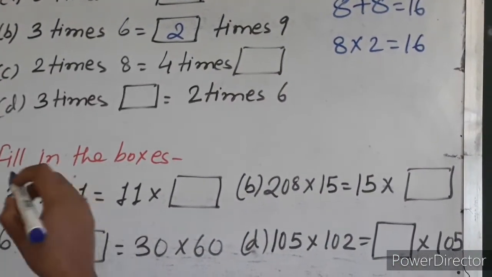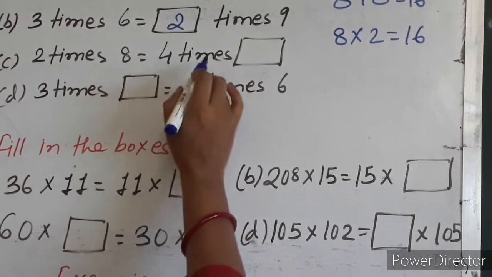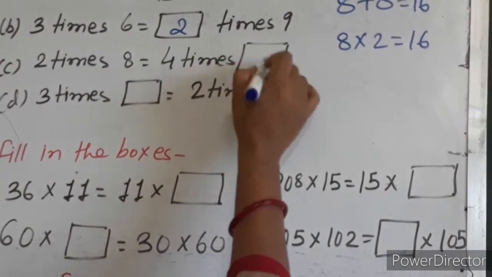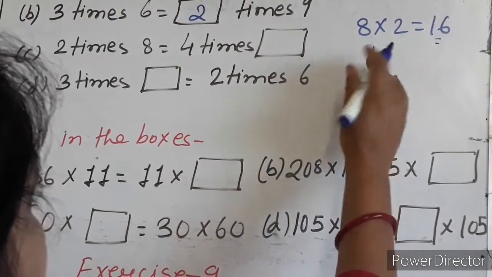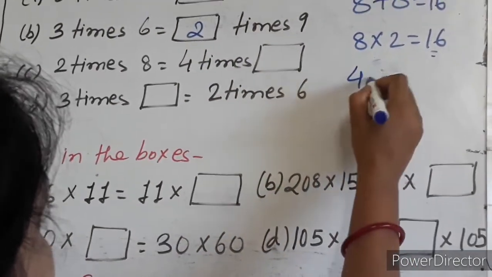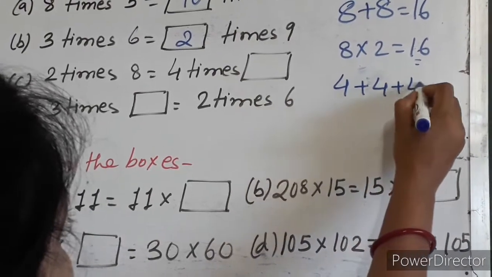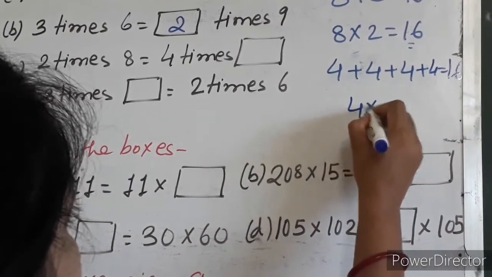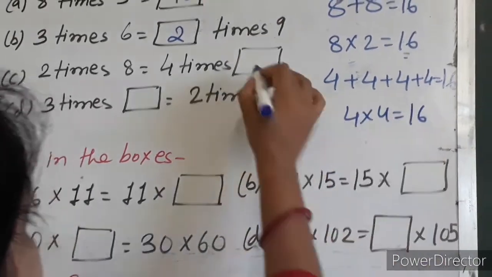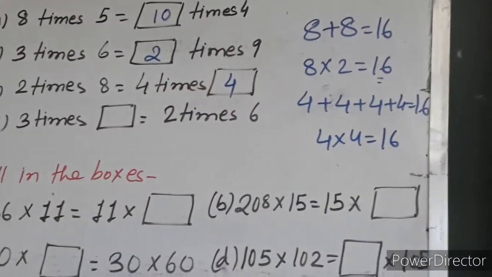That means here we have how many times? 4 times. Which number will we write? So we get the answer 4. If we write 4 plus 4 plus 4 plus 4, we get 16, and 4 into 4 is 16, and we have to put here 4.